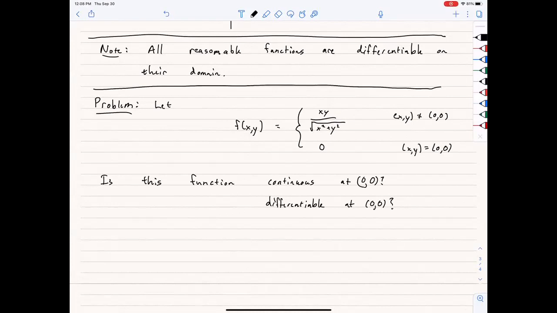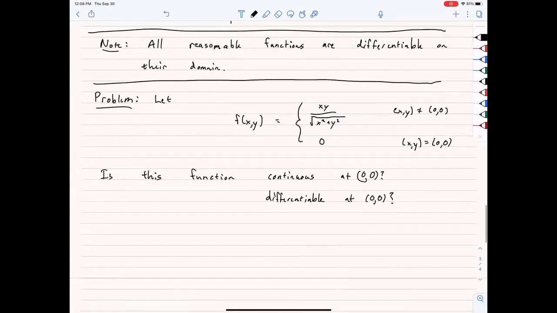Here's the problem. All right. Who thinks it's continuous at the origin? Some brave souls raising their hands.